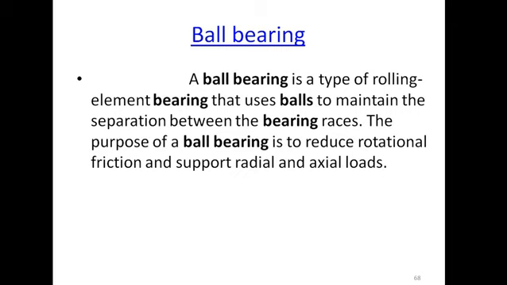A ball bearing is a type of rolling element bearing that uses balls to maintain the separation between the bearing races. The purpose of a ball bearing is to reduce rotational friction and support radial and axial loads.